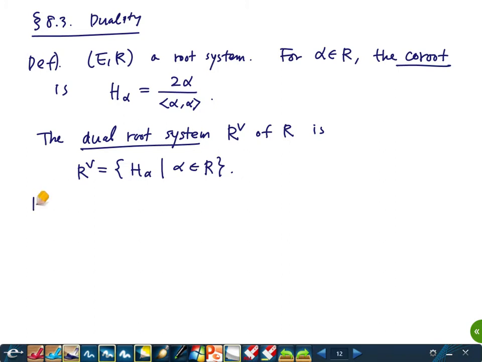And notice that for all alpha, beta, if you take the inner product between alpha and the co-root, it's always an integer. This is exactly the crystallographic condition, or the fourth condition, the axiom of the root system.